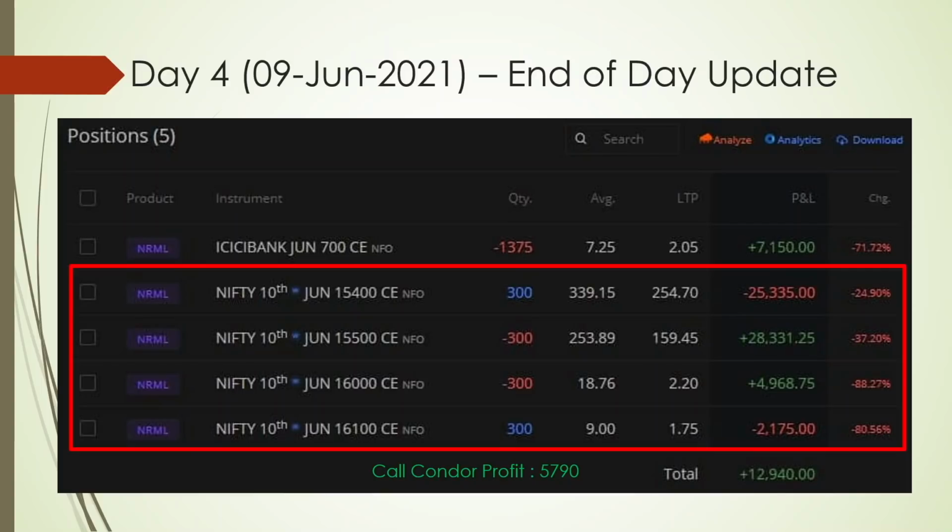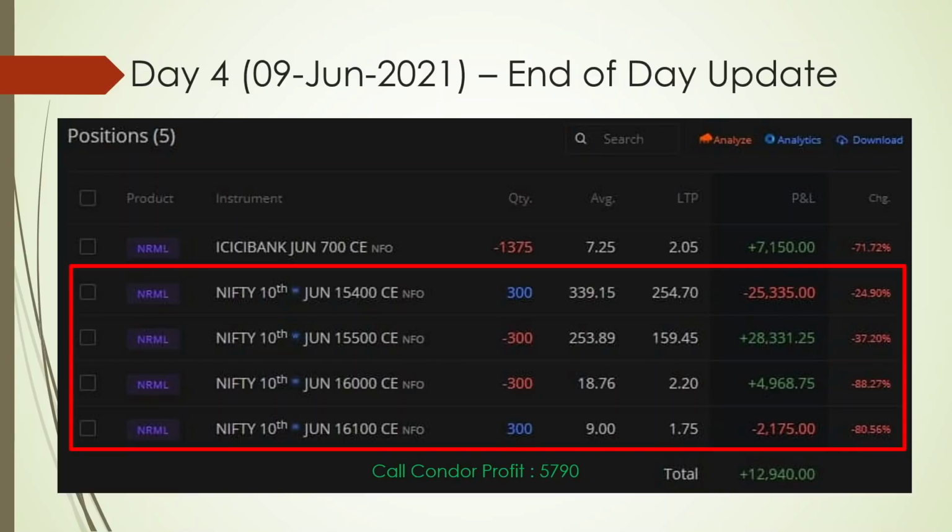So today we have got 5,790, so 5,800 rupees. So this is the place where you can simply close the call condor and come out. We are almost at 80% of the profits in the call condor. The maximum profit in this call condor is 7,350, and we are well on our way to achieve that full profit this week.